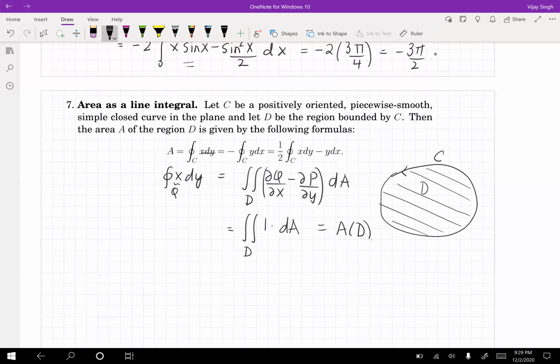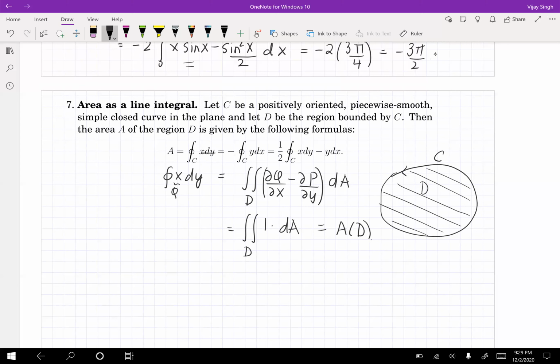This is the idea behind the planimeter video I've posted. So a planimeter uses this concept to compute the area enclosed by a certain boundary of the map. Okay, pretty cool.